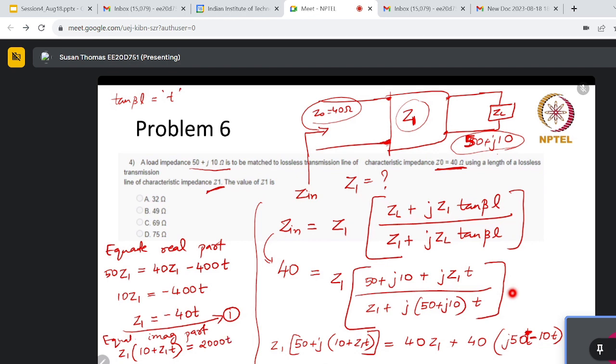That is my imaginary part on the right hand side.